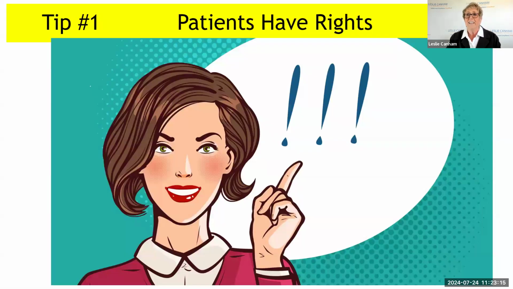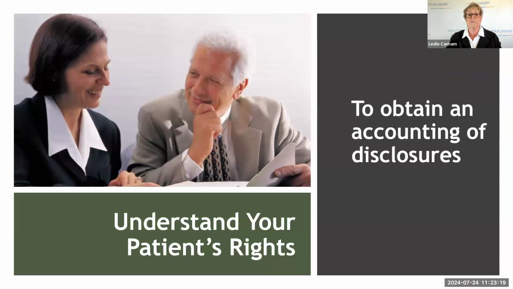Patients have rights, and they have a right to obtain an accounting of disclosures. Disclosures means where did you release the information for the patient? You might say, well, we billed an insurance company, we sent a statement to you, and then there may be unusual disclosures. Perhaps there's a subpoena for a patient's dental record, or perhaps there is some other type of situation where a patient's record would need to be accessed by public health service.